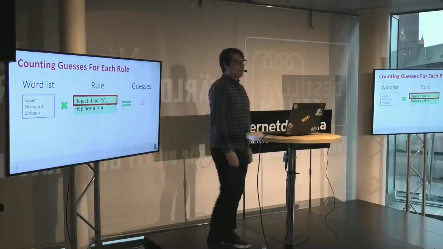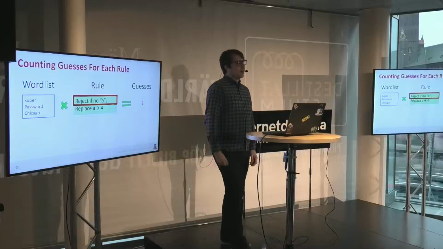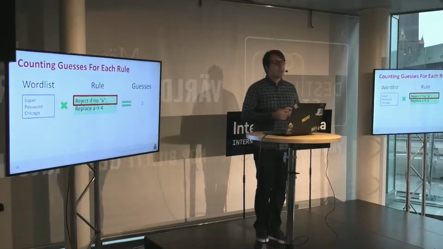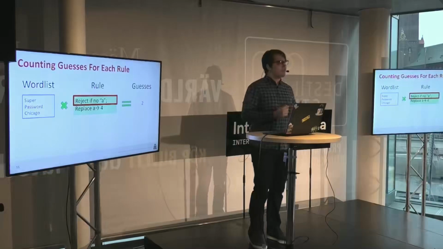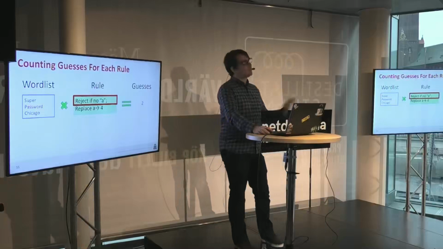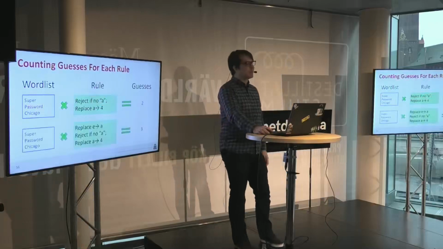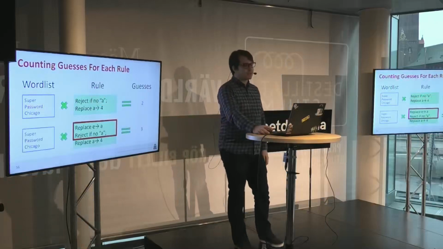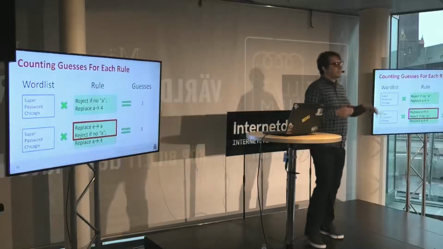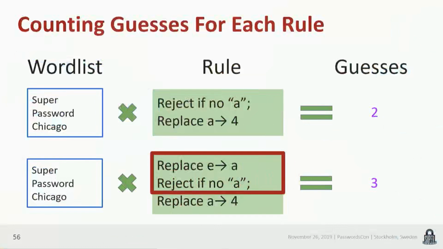It's not worth it. So now we have this dependency: the number of guesses made is the number of things on your word list that have an A. Okay, we can start reasoning about that. But it gets more complicated because these rejection clauses can come anywhere in the set of transformations. We might say, replace Es with As, then check if there's an A, and if not, don't make a guess.